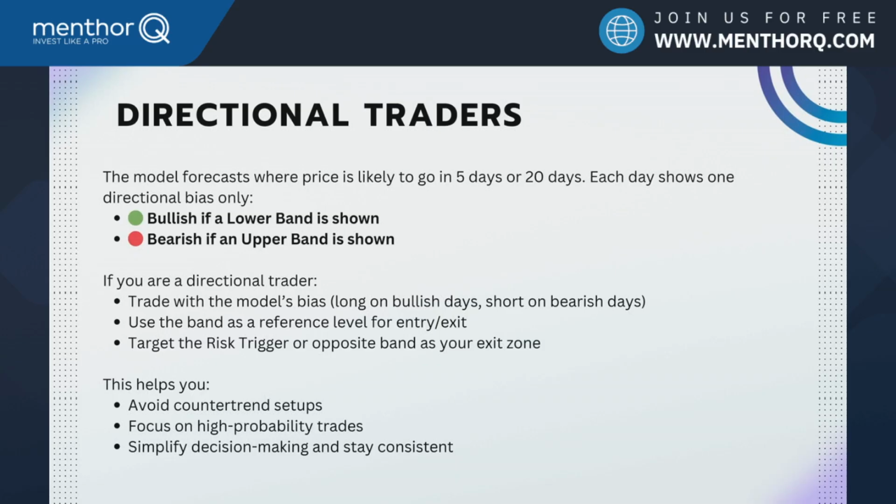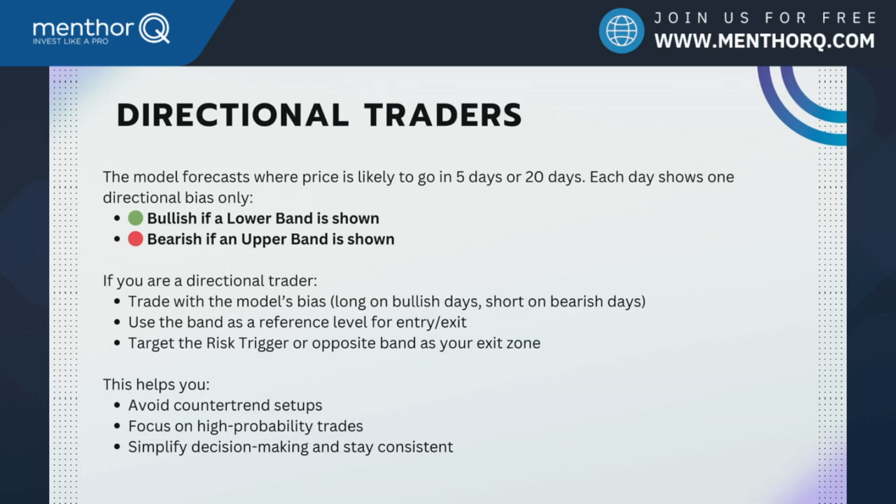So a very good way to implement the strategy would be to buy pullbacks when the model is bullish, or basically fade rallies, or short when the model is bearish. You can use the levels as reference or target prices, and you can also use our risk trigger as your potential exit or target level.